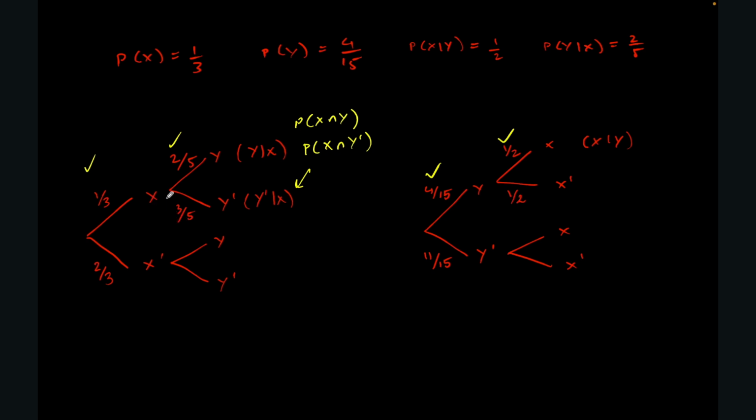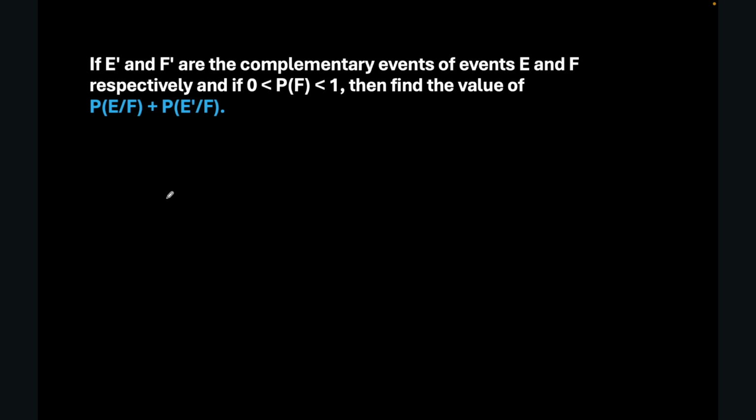Okay, so now that you've understood this, let's try this question. We're asked that if E dash and F dash are complementary events of E and F respectively, and the probability lies between 0 and 1, then find the value of the probability of E given that F happens, and the probability of E not happening given that F happens.